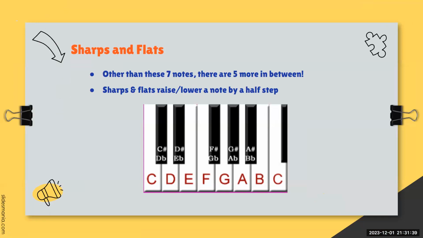For example, the black key in between C and D would be called C sharp or D flat because it's a little higher than C, but a little lower than D, but it's the same note. And then between D and E would be D sharp or E flat, and so on.